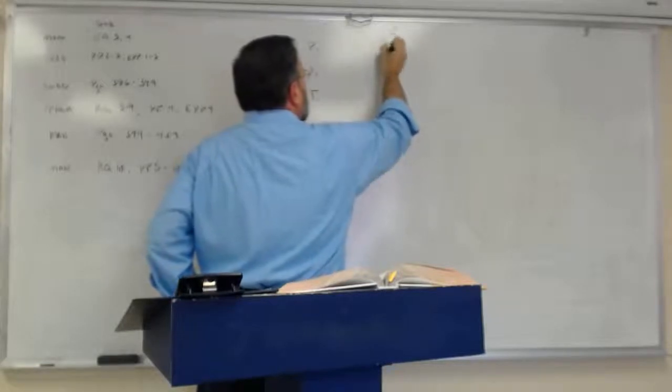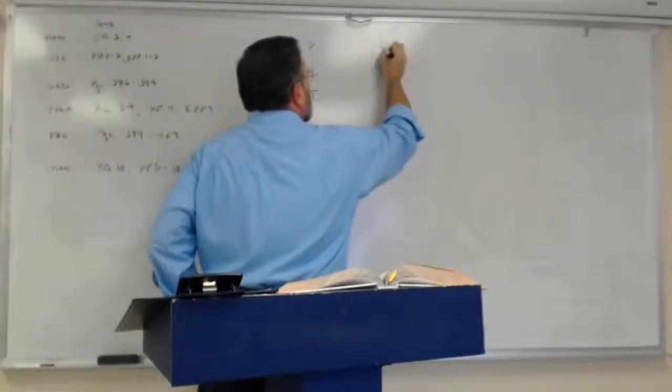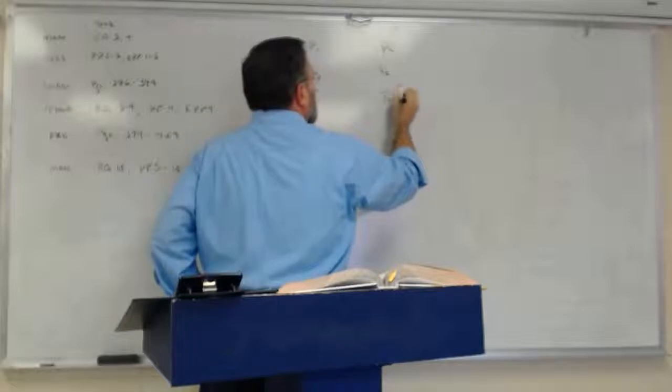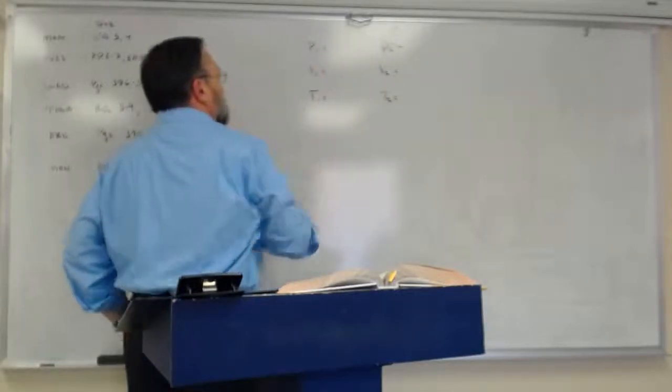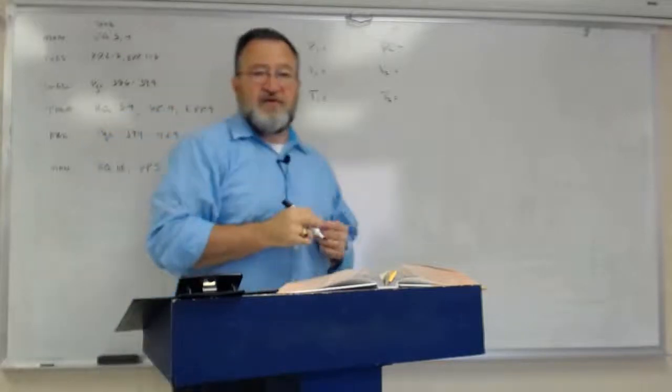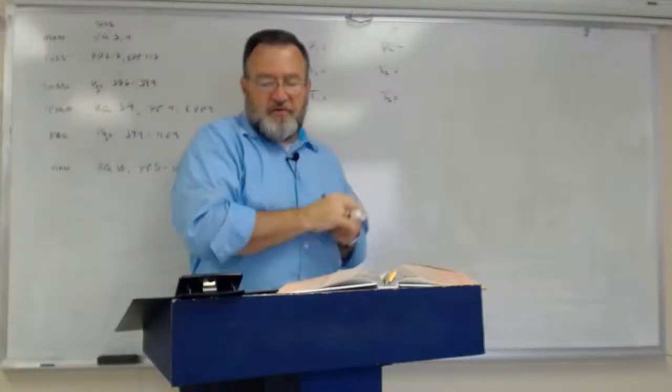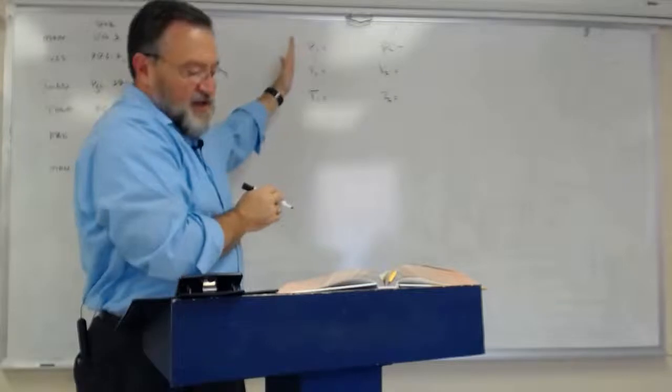So keep them together, P2, V2, and T2. I'm assuming I'm going to have that information. For most gas problems, I assume this is what I'm going to need. So let's go ahead and read it.